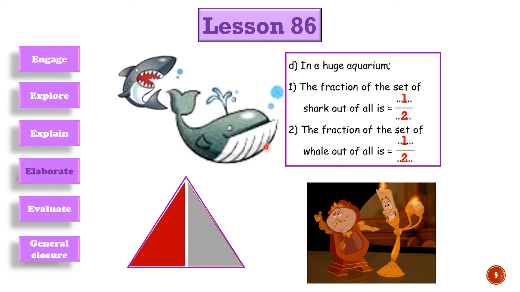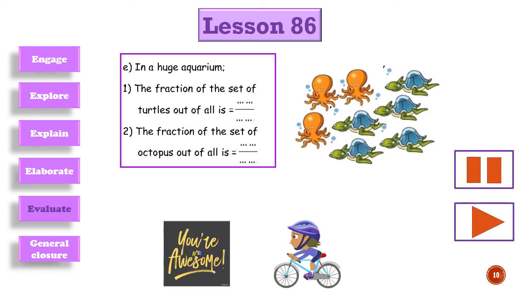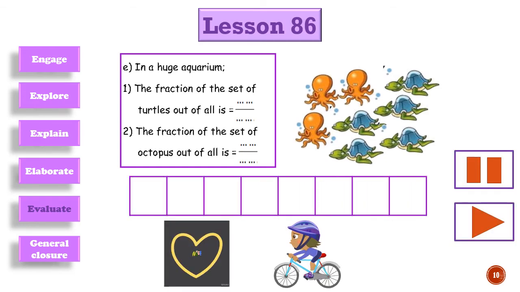Okay, thanks. Now let's go to our evaluation of this type of exercises. First of all, press pause, then press play to listen to our explanation. Here we have in a huge aquarium some kind of fish like octopus and turtles. How many all? Yes, count 1, 2, 3, 4, 5, 6, 7, 8.